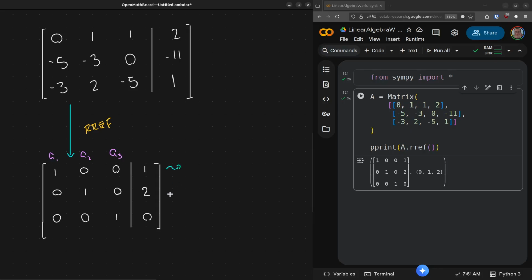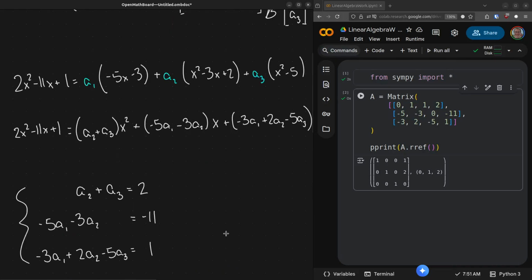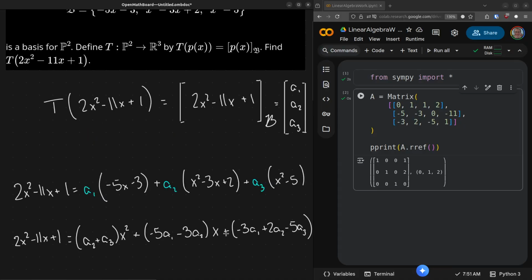So the first row, I get 1A1 equals 1. The second row, I get 1A2 equals 2. And the final row, I get 1A3 equals 0. And so that gives me A1, A2, A3, which gives me the answer to the transformation.